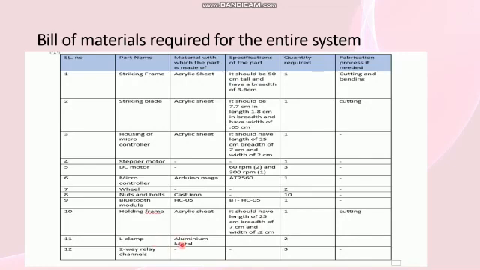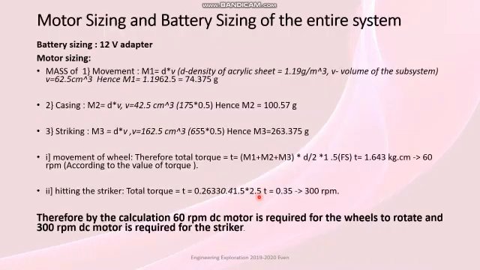The material of the L clamp was aluminum metal. This is basically to join two functions together, and the quantity required was 2. Next one is the two-way relay channels. These were required 3, basically to connect the DC motors to the Arduino board. So this was the bill of materials.